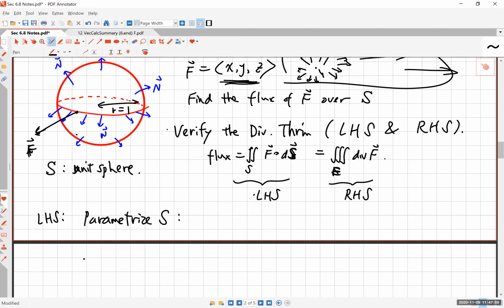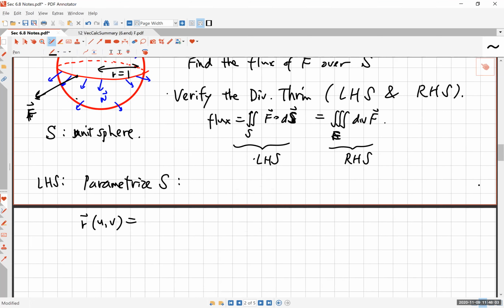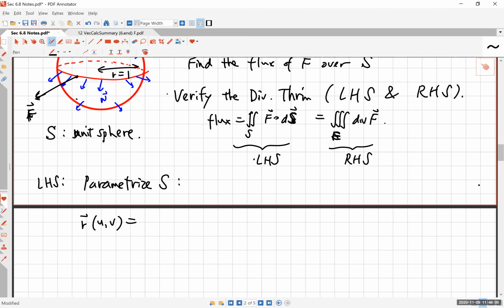The sphere, okay? Well, we are going to use a standard parameterization of the sphere, which is not so easy, if you remember. That is sine u cosine v, sine u sine v, cosine u. This may remind you of the spherical coordinate system because that's pretty much what it is, okay?